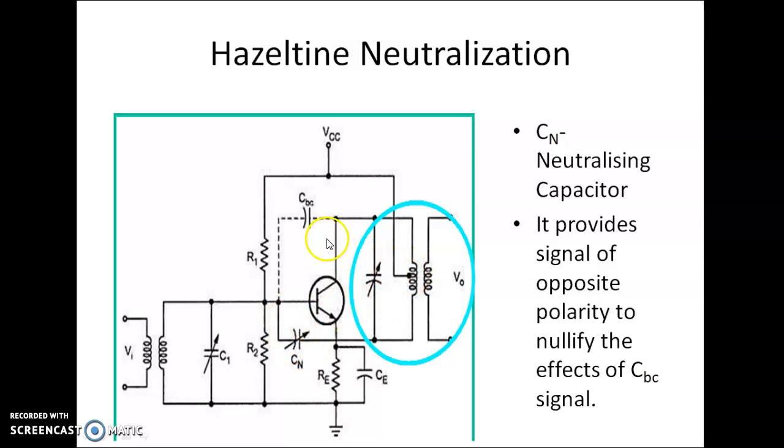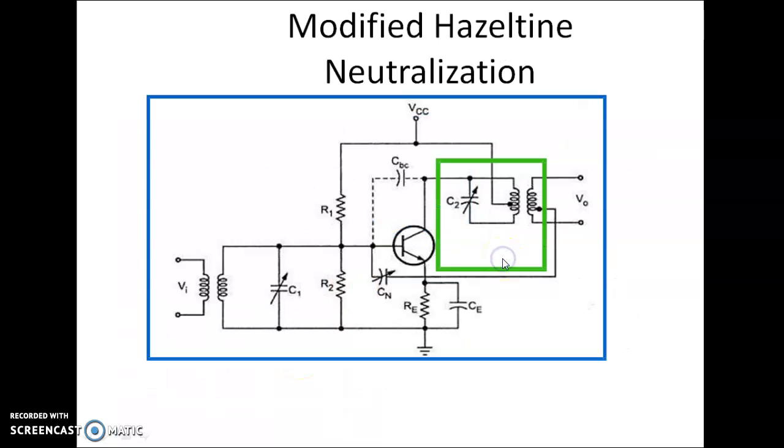The signals produced by Cb'c and Cn will be equal but out of phase with each other, because they are tapped from a center-tapped transformer. This is from the main lead and this is from the lower lead, so these leads have a 180-degree phase shift to each other. They produce the same signal but out of phase, and therefore they cancel each other's effect. This is your Hazeltine neutralization method.